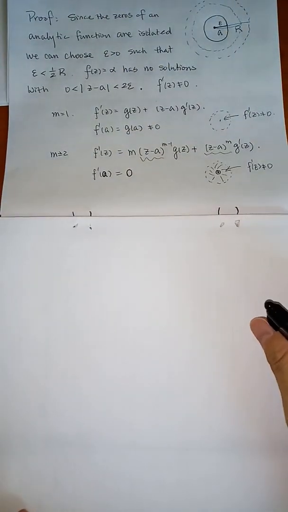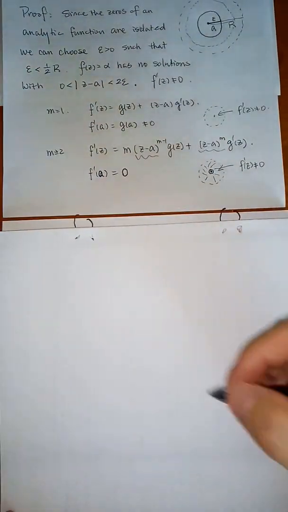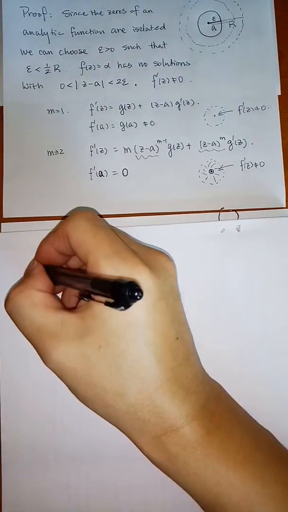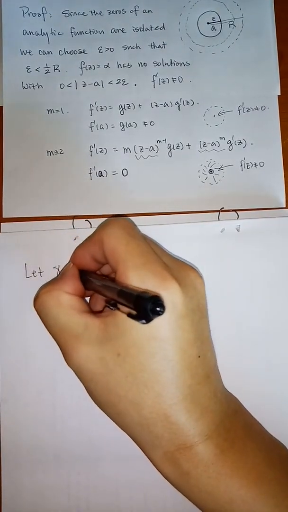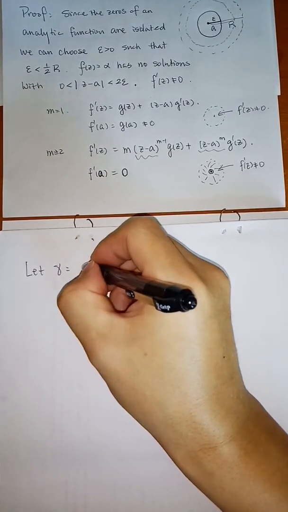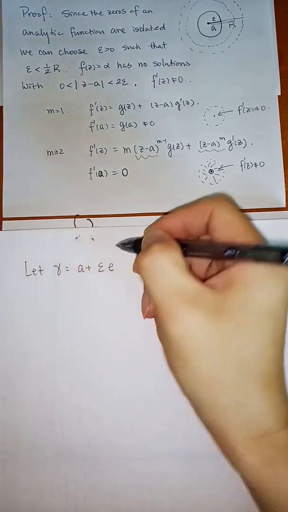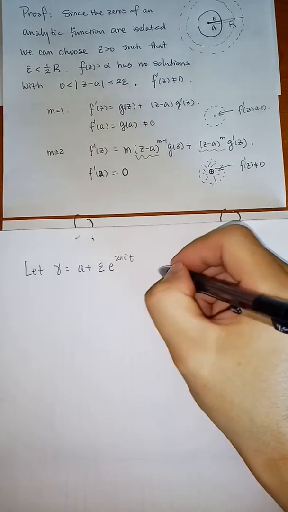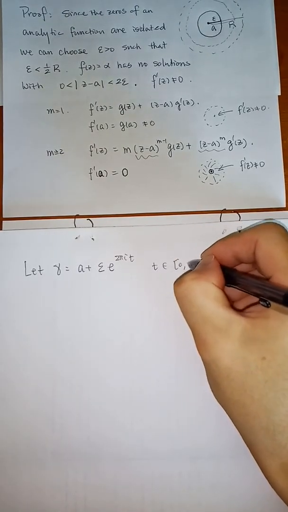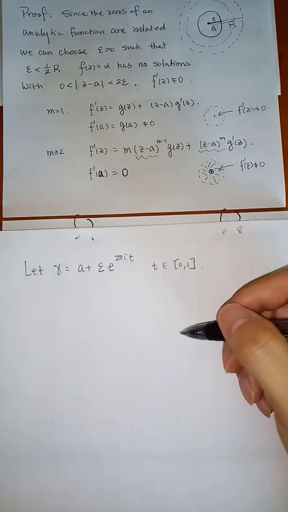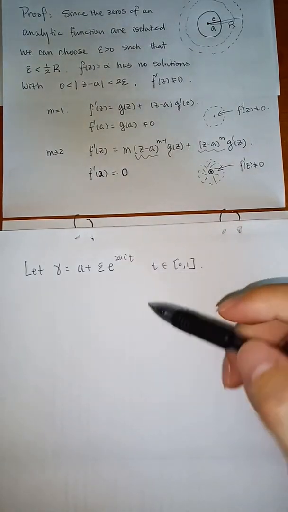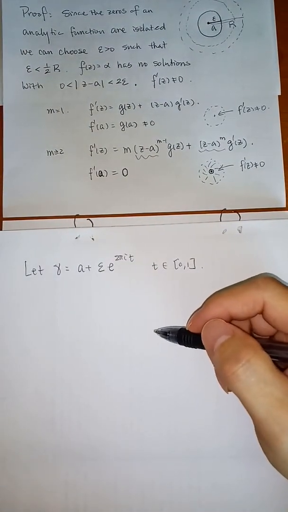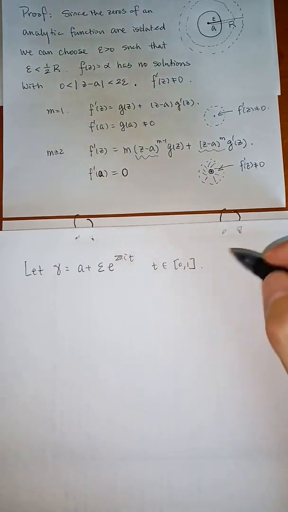Now let's pick up the gamma. Let gamma be a plus epsilon e to the 2 pi i t, where t is between 0 and 1, counterclockwise oriented, and it's a simple curve. The winding number is either 1 or 0.